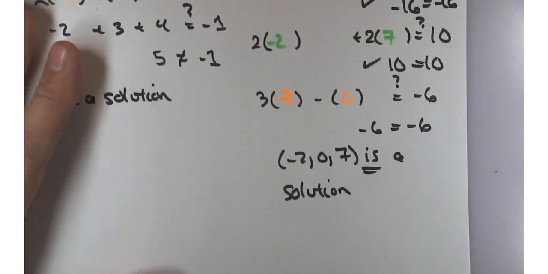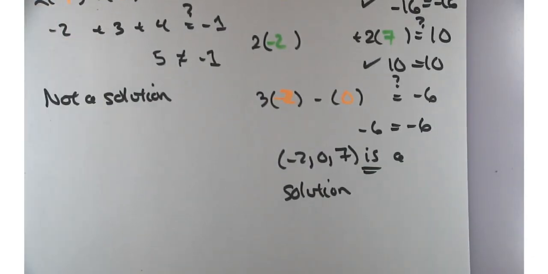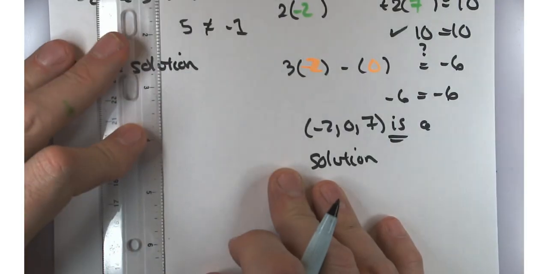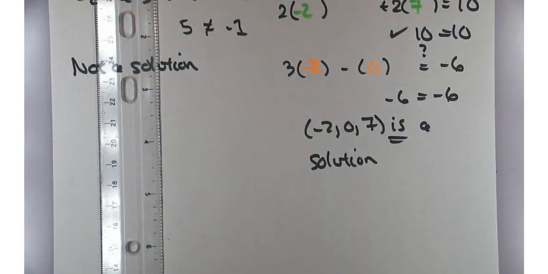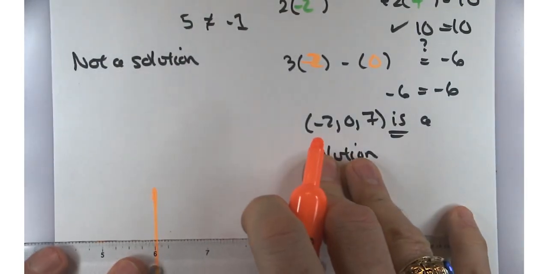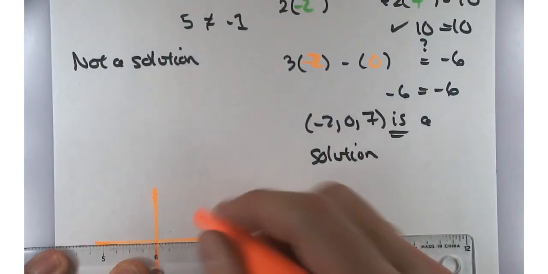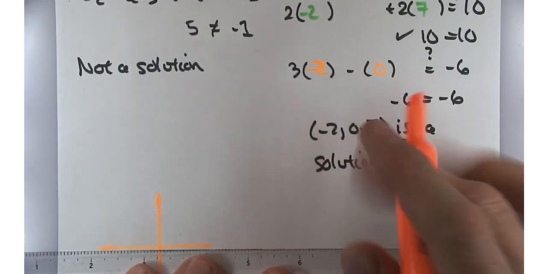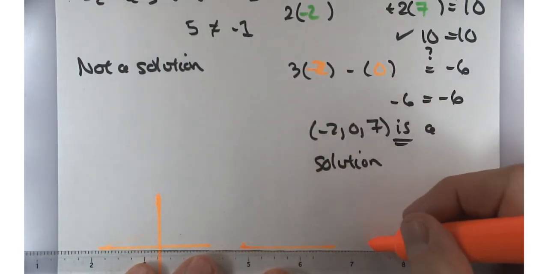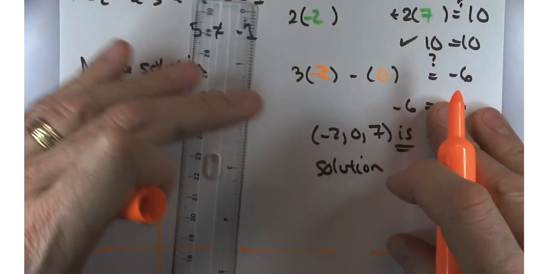Now, back when we were dealing with 2 by 2 systems of equations, life was a little bit easier in terms of the geometry. We had several things that could happen. Let me remind you of the geometry in the 2 by 2 case.